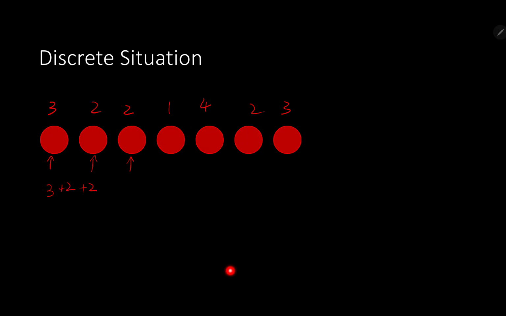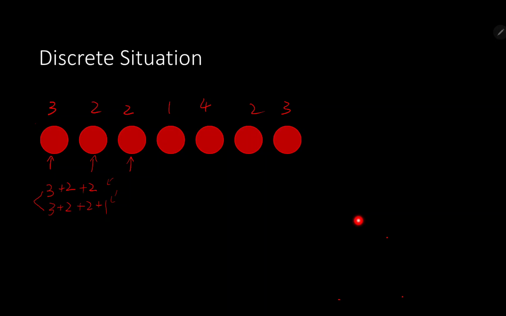So let's reevaluate what we are doing here. When I point at the fourth apple, I will write down the equation 3 plus 2 plus 2 plus 1. So what is the difference between these two? What is the actual meaning of the first sentence and the second sentence?